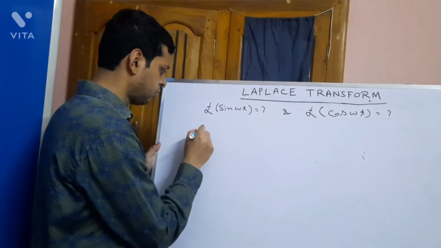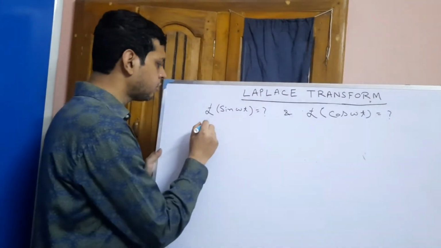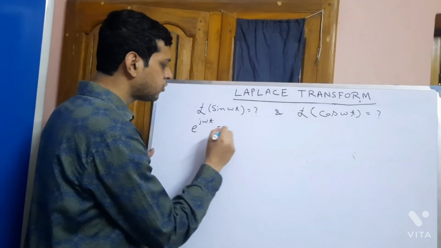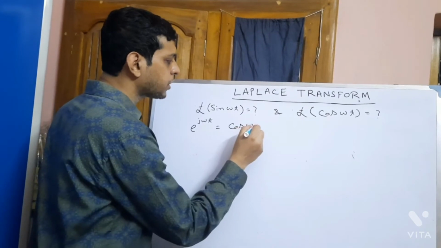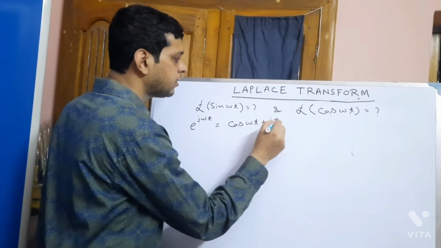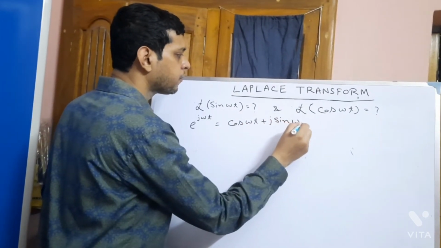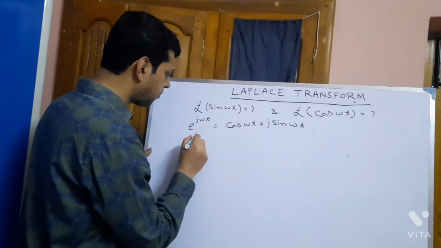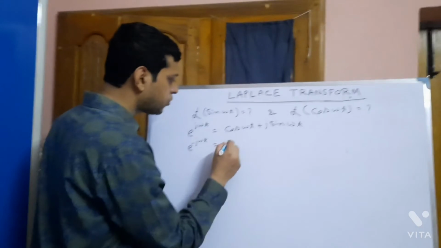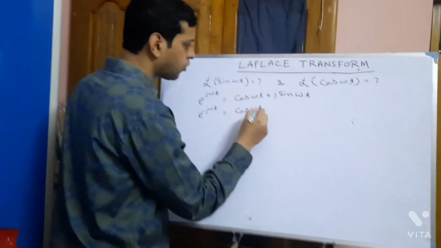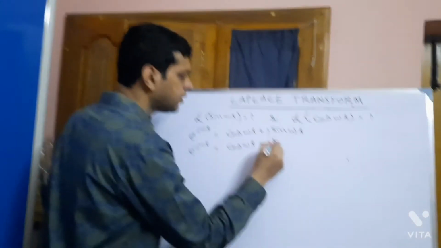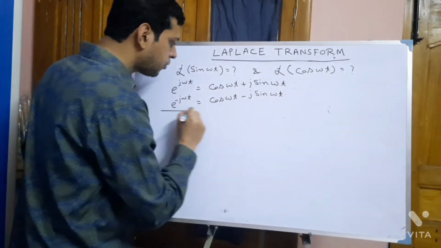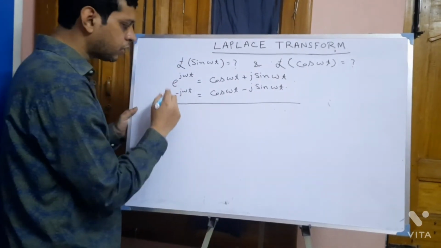Now from Euler's equation we know that e to the power j omega t equals cos omega t plus j sin omega t, and e to the power minus j omega t is equal to cos omega t minus j sin omega t. Therefore, let us add these two quantities.